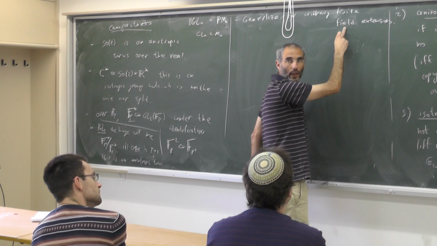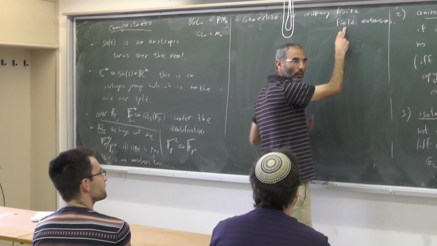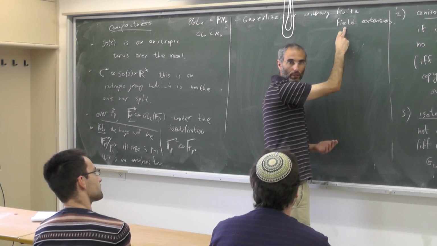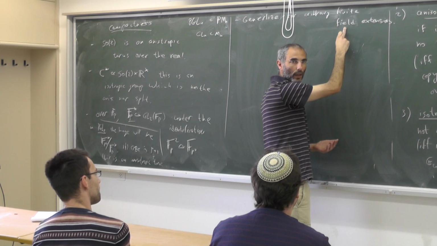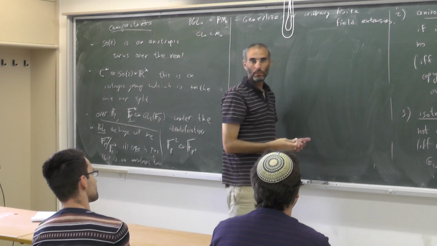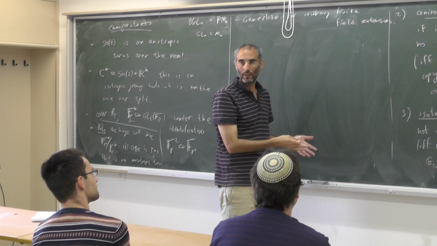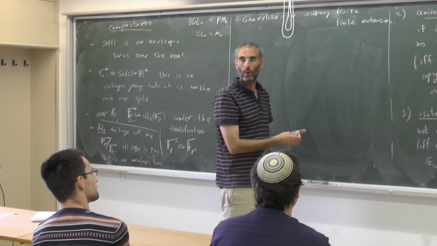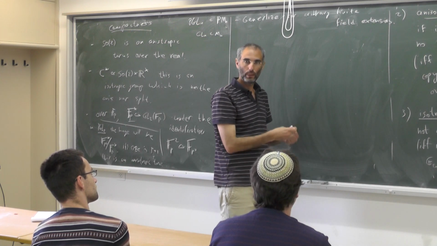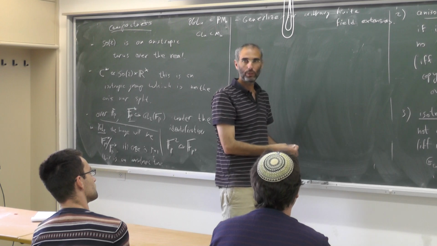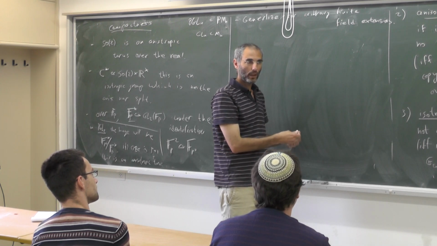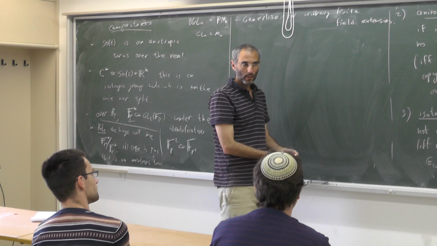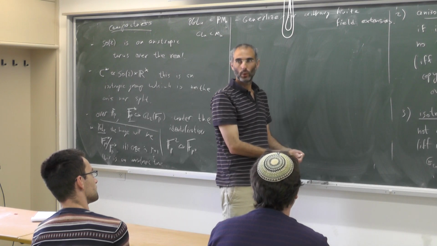I could take a division algebra of finite degree over a certain field, and then I will get D star, which can be thought of as a group over K, and I can give a K structure to it.